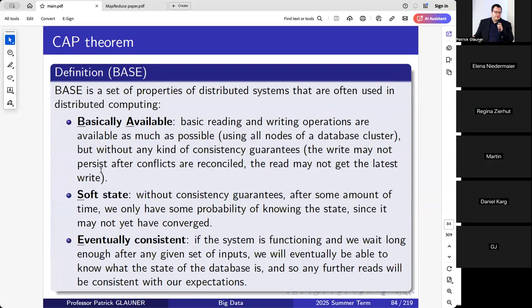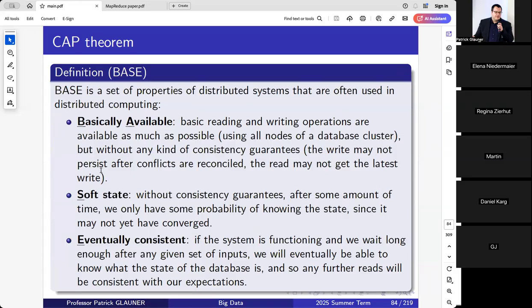And a set of guarantees that is quite common for a lot of these systems is not ACID, it's called BASE. What does BASE stand for? It comes with some very relaxed requirements. BASE stands for basically available, soft state, eventually consistent.